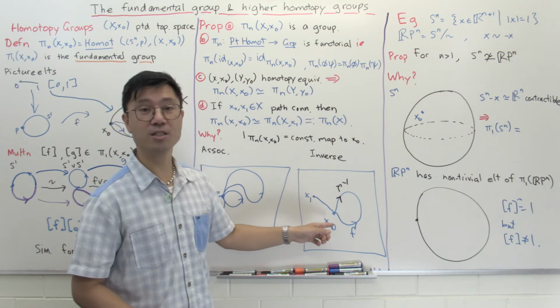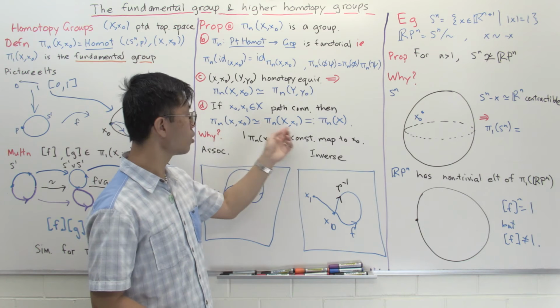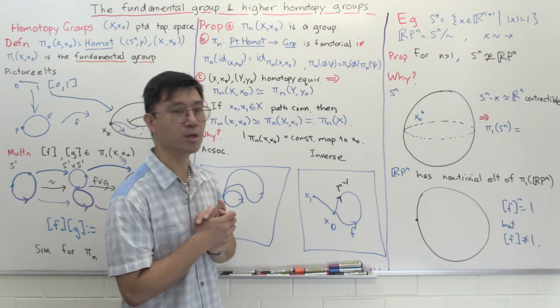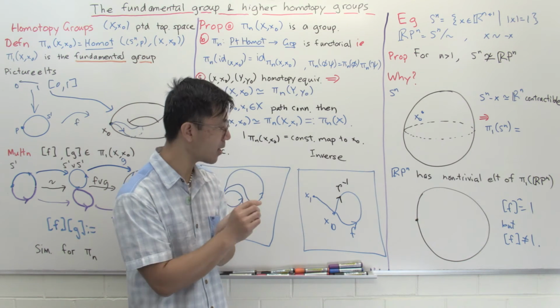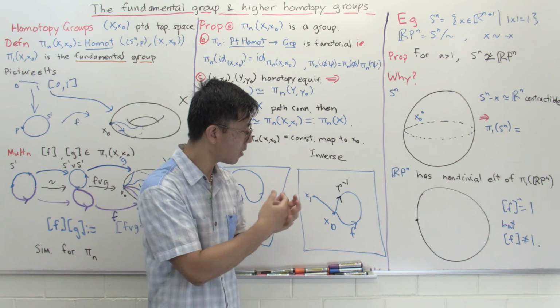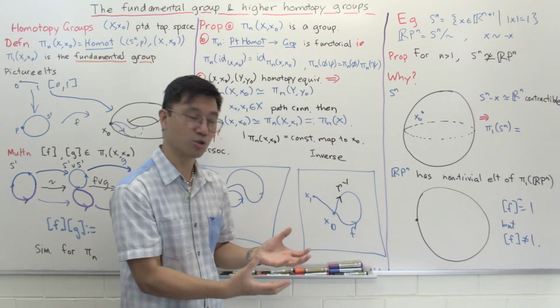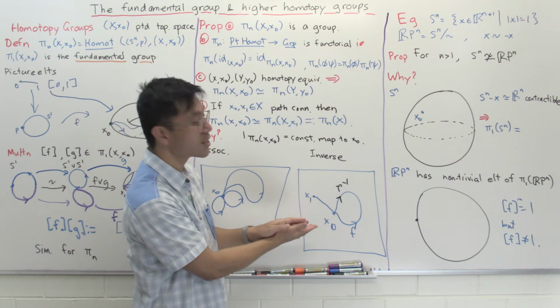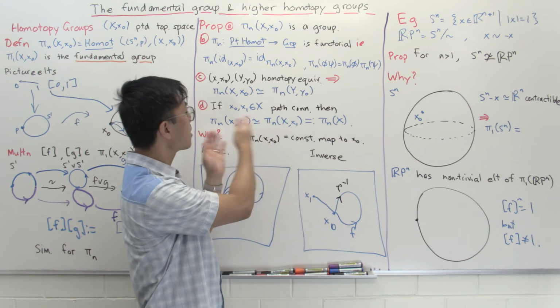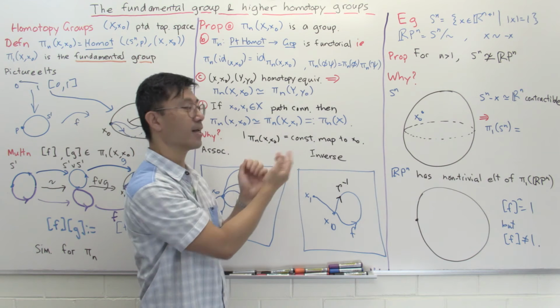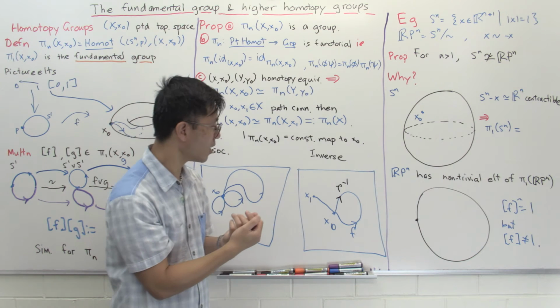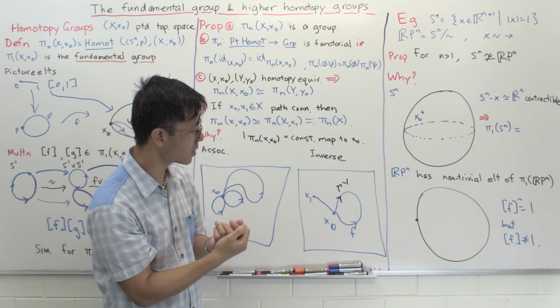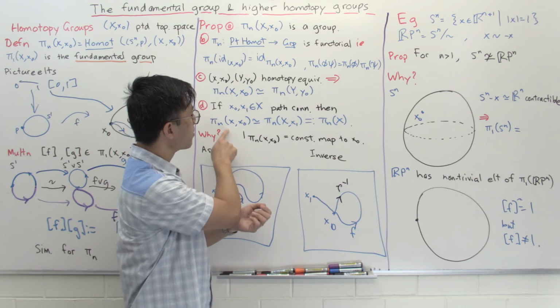I want to show an isomorphism between these two groups, and all I want to do is tell you how it works. It takes a little bit of working out to fully establish the proof, but I hope you can see, once I tell you what the map is between these two, that it ought to be an isomorphism of groups. Firstly, suppose I want to go from here to here.